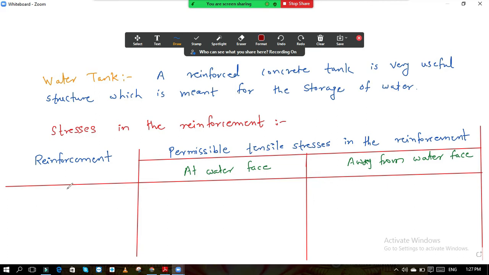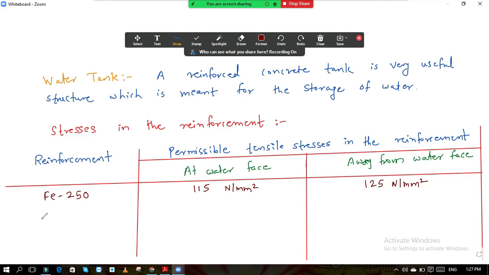Now here first is Fe250. You need to remember these values, and these values can be asked for the MCQs. Fe250. What is the permissible tensile stress at face of the water? It is 115 Newton per mm square. And away from the face of the water, it is 125 Newton per mm square.